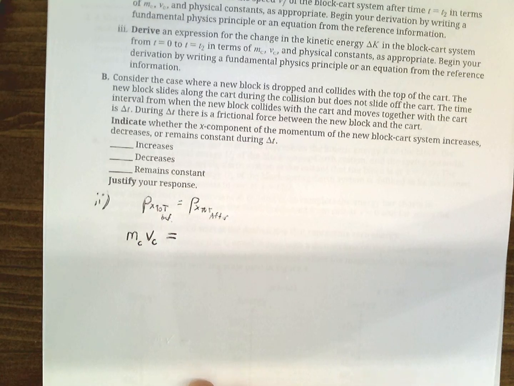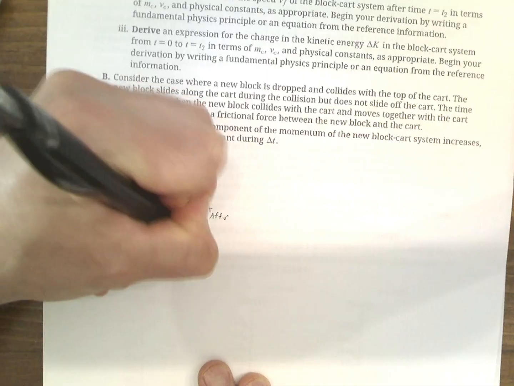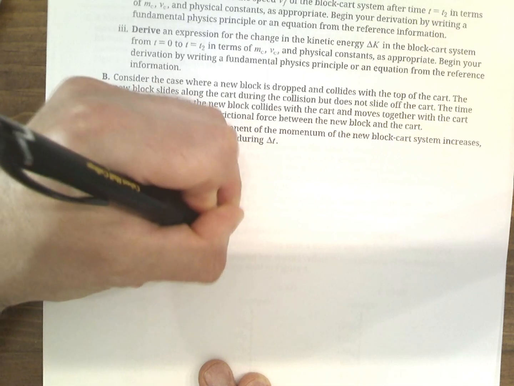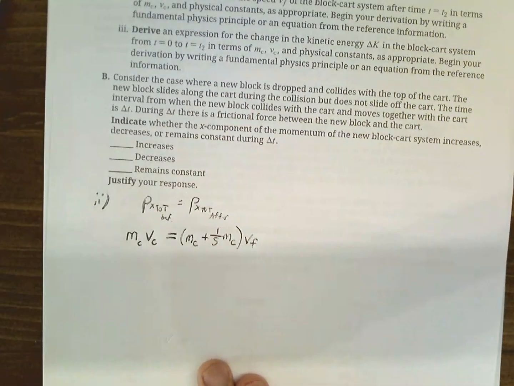This is kind of like a perfectly inelastic collision where the objects stick together, and the block doesn't slide. So we can treat it as a single object with the combined mass mc plus 1/5 mc, moving together at the same final velocity.